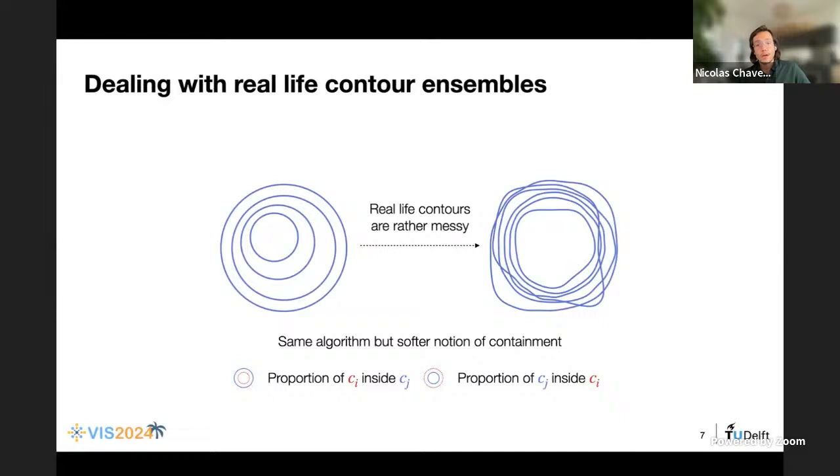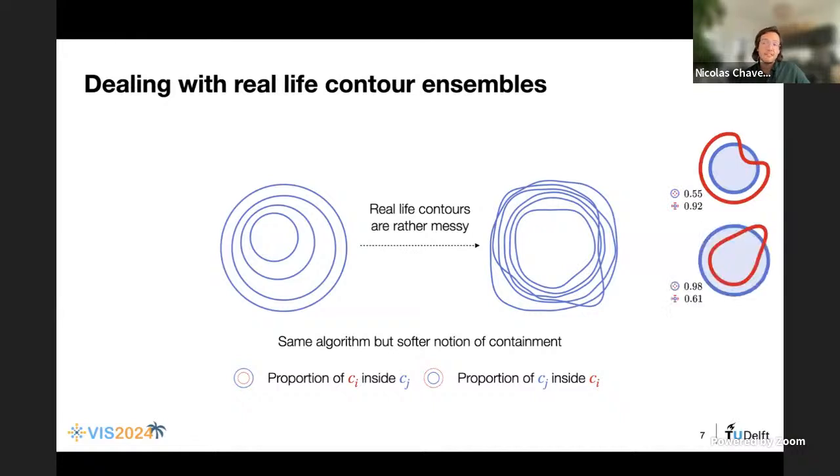Instead of saying just 1 if it's inside and 0 if it's outside, we count both proportions: the amount of Ci that is inside of Cj and the amount of Cj that is inside of Ci. To show you some examples, in this case, a bit of the blue contour is outside of the red one, and the relationship reverses in the second example. You can see how the proportions, the trend, also reverses.